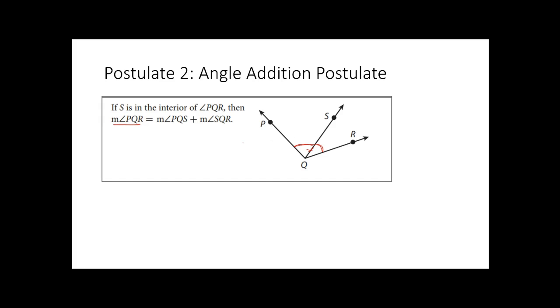Angle PQR, which is this whole guy, because we're talking about the sides PQ and R, equals angle PQS, which is this guy right here, plus, let's see if orange works, SQR, which is this guy, and his sides are here.